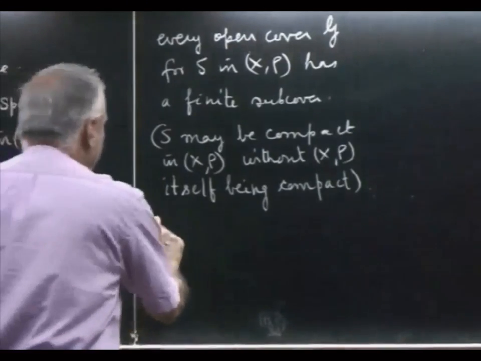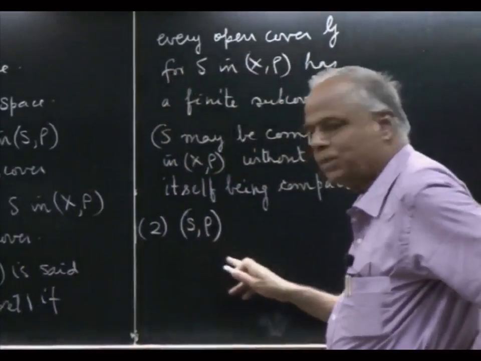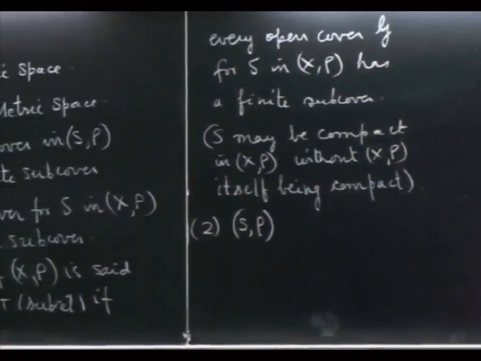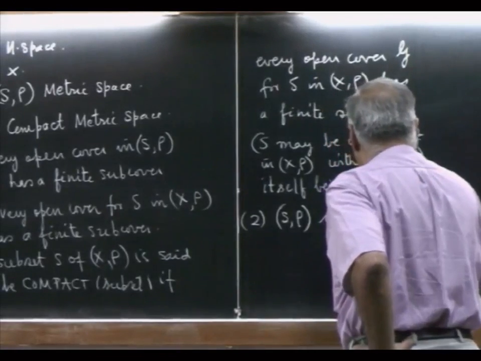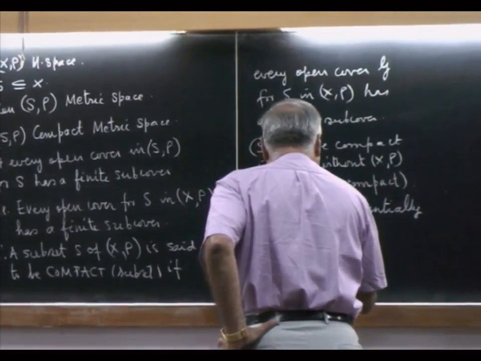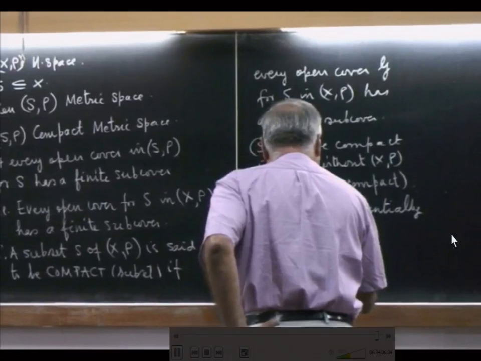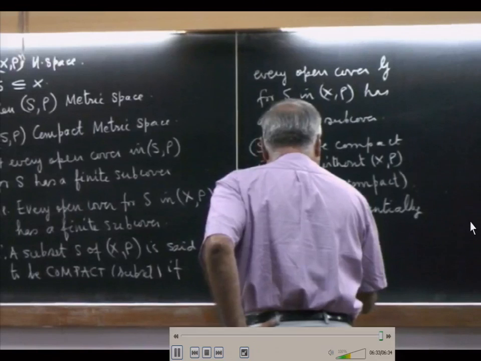Okay. Secondly, what is meant by a sub-metric space? Whenever you have a metric space, you have the notion of sequence. So we can talk about (S, rho) being sequentially compact, which means every sequence in (S, rho) has a subsequence which converges.